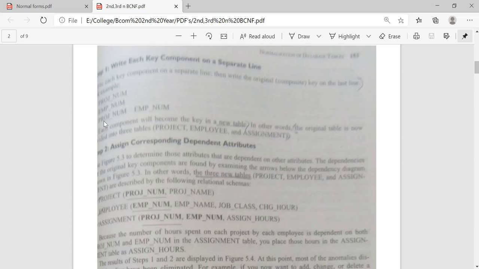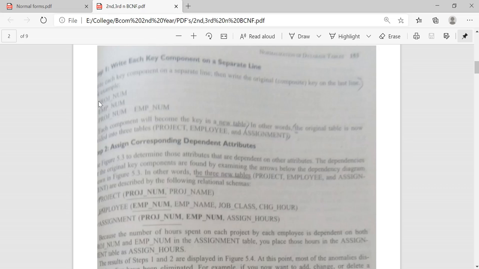So this original composite key, a combination of these two, which we are treating as a primary key, goes actually on the last line. So you have divided into three separate parts. One is only project number, one is only EMP number, and one is both combination project number and EMP number. Now what happens, you see, each component will become the key in a new table.